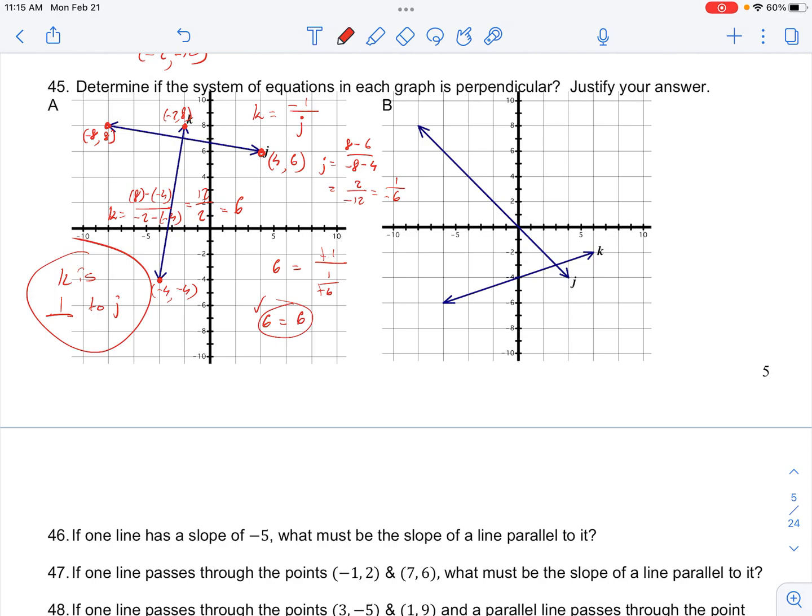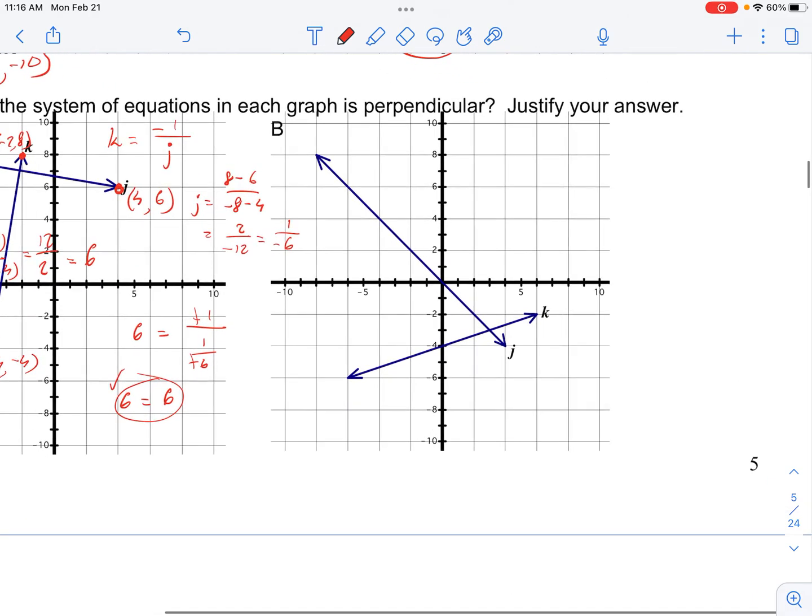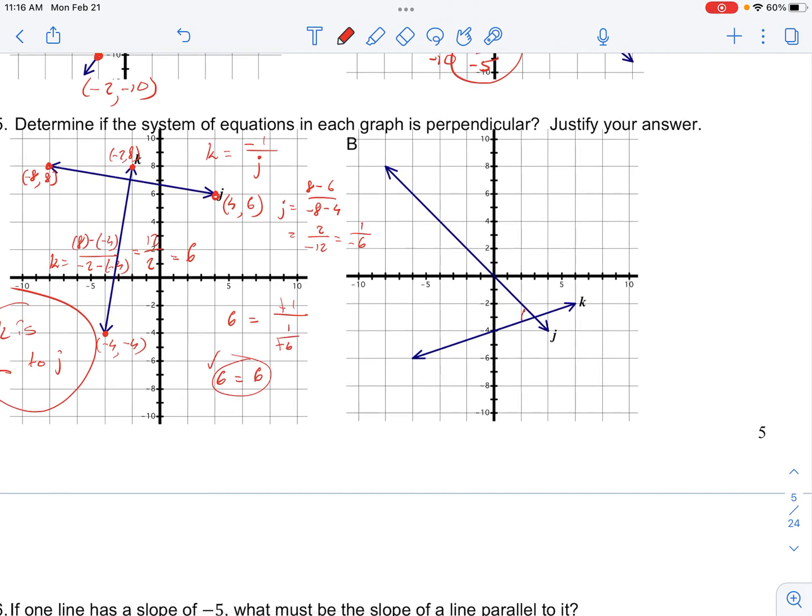Now moving on to b. So we have another set of 2 lines. Just from the looks of it, this angle doesn't really look all that perpendicular, but we'll go ahead and solve for it anyways.